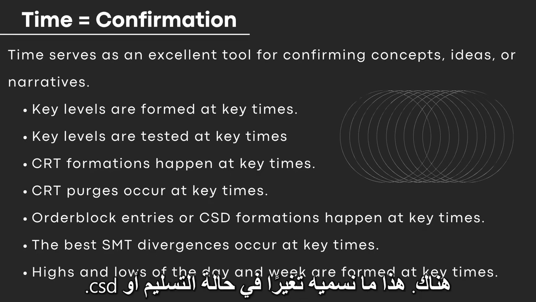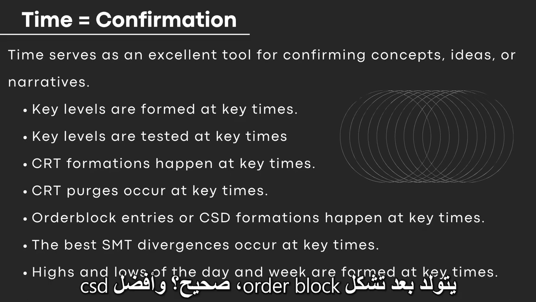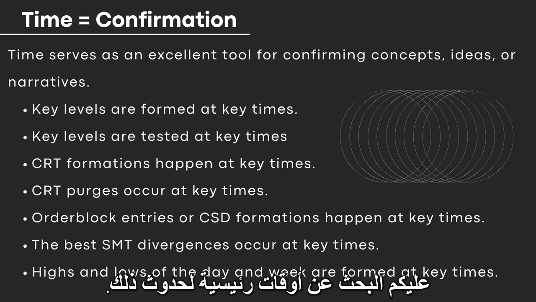That's what we call a change in the state of delivery, or CSD. And the entry that forms after it is called an order block entry, right? That generates after an order block is formed. And the best CSD and the best order block entries are formed at key times, which means that when looking for entries, you have to look for key times for that to happen.